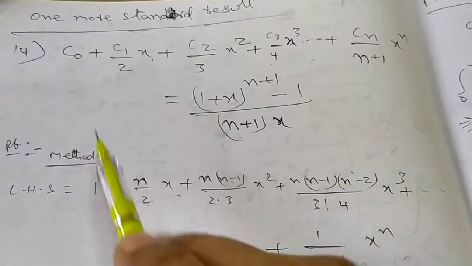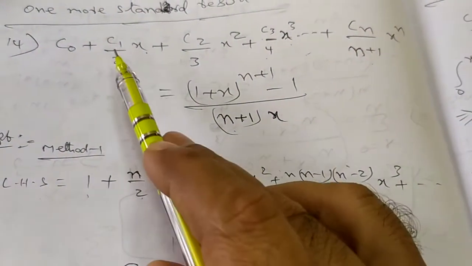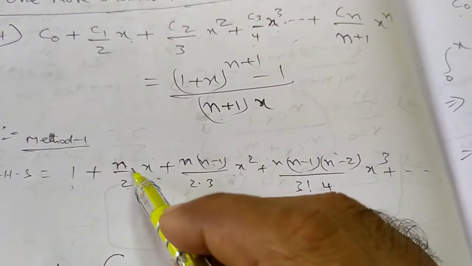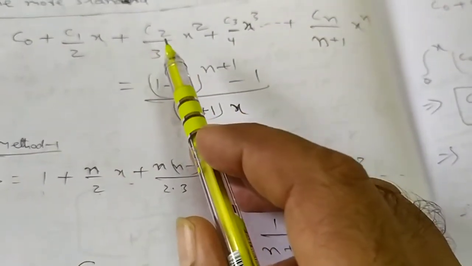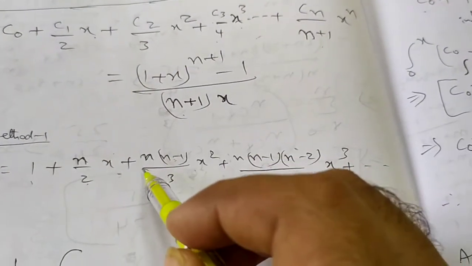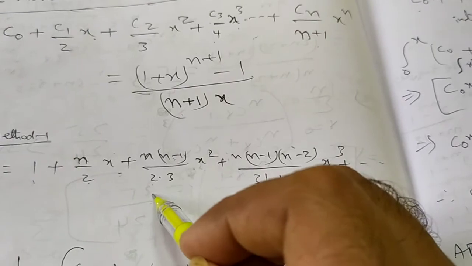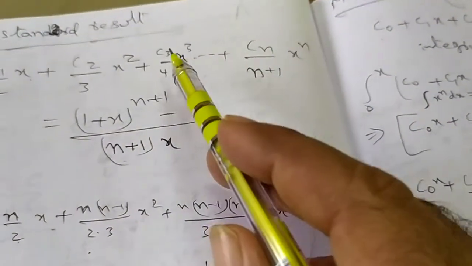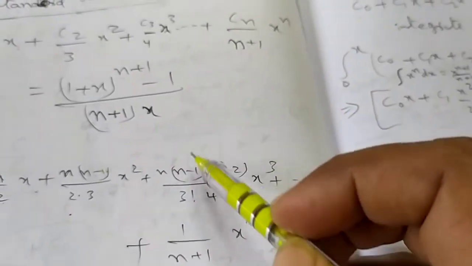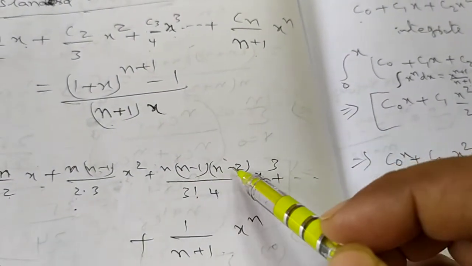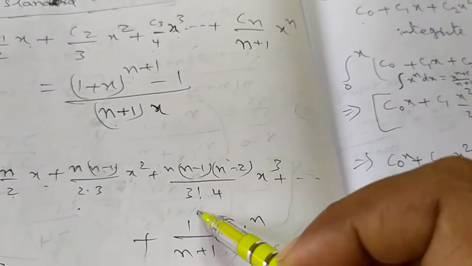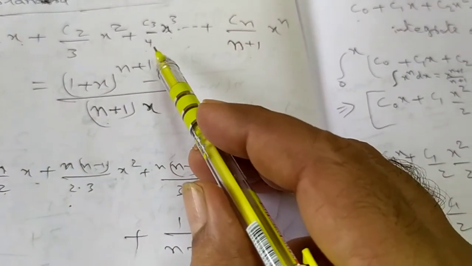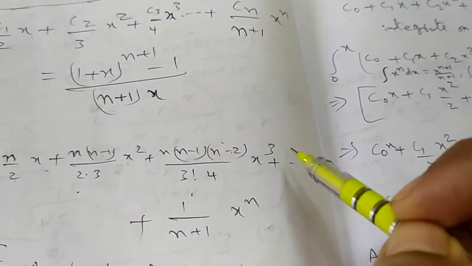C0 means nC0 which is 1, C1 means nC1 which is n, C2 means nC2, formula n into n minus 1 by 2 factorial, by 3 into x square. C3 means nC3, formula n into n minus 1 into n minus 2 by 3 factorial, already there is by 4 into x cube and so on.